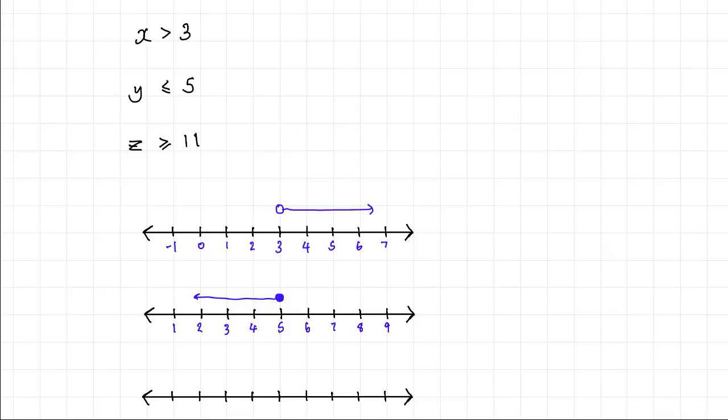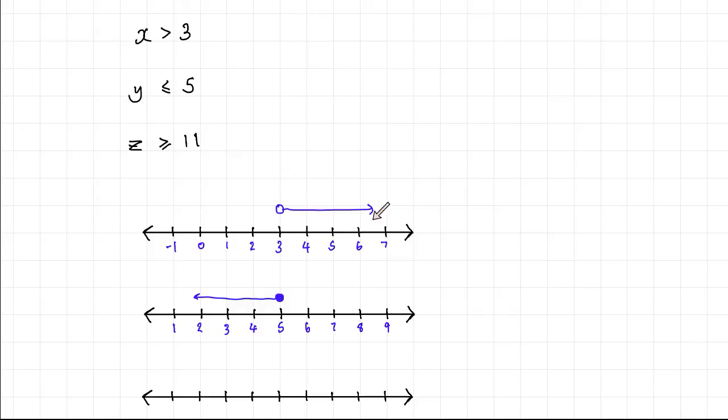So look at the difference between the first two. We have x is greater than 3, and this one we had an open circle, and y is less than or equal to 5, and this one was a closed circle. Notice how this circle was drawn at this number, but it was left open to show that we're not including the number. And this circle was drawn at the number, but we colored it in to show that it does include the number. Now this is really important.